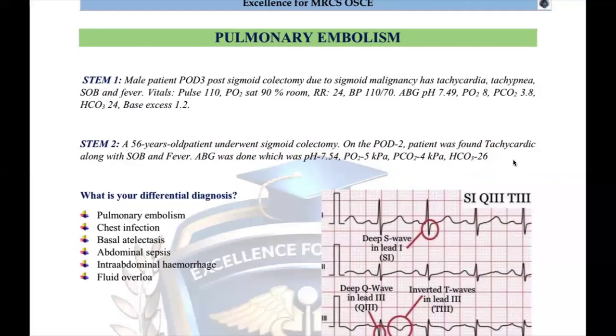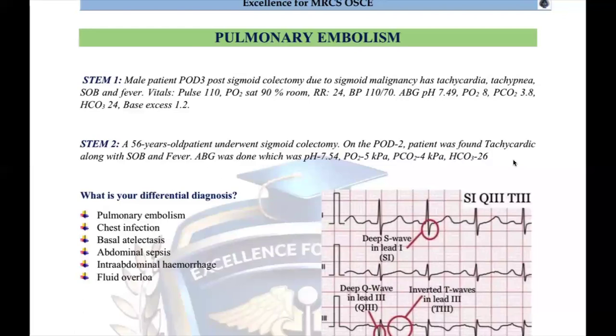I totally agree with the doctor that if the DVT is formed due to immobilization, it takes 5 or 6 days. But in case of malignancy, the blood is in a hypercoagulable state, and there's a chance of more and more coagulation cascade activation, so that also can happen. But always remember, this is not usual.